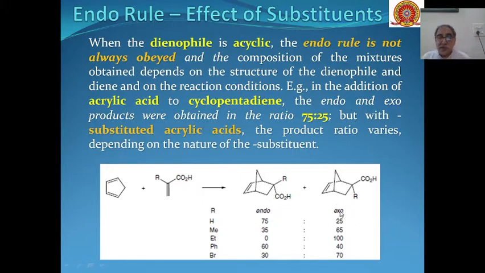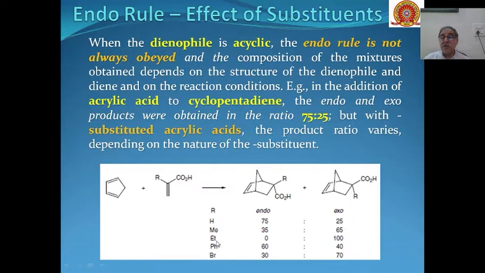But as we substitute this hydrogen with some other functional group, we will see that the endo rule is not followed, and your dienophile is an acyclic dienophile. So if I replace hydrogen by methyl, then you can see that endo is formed only in 35% and exo is formed in 65%.